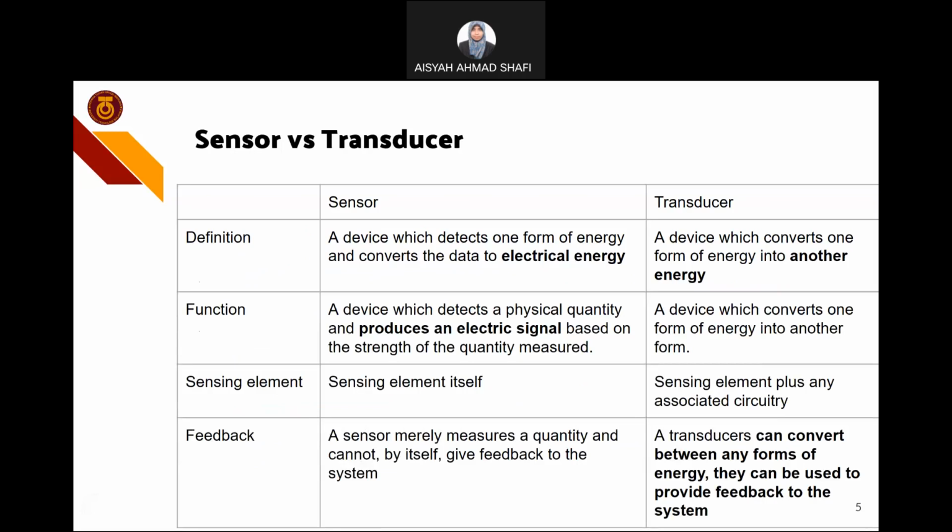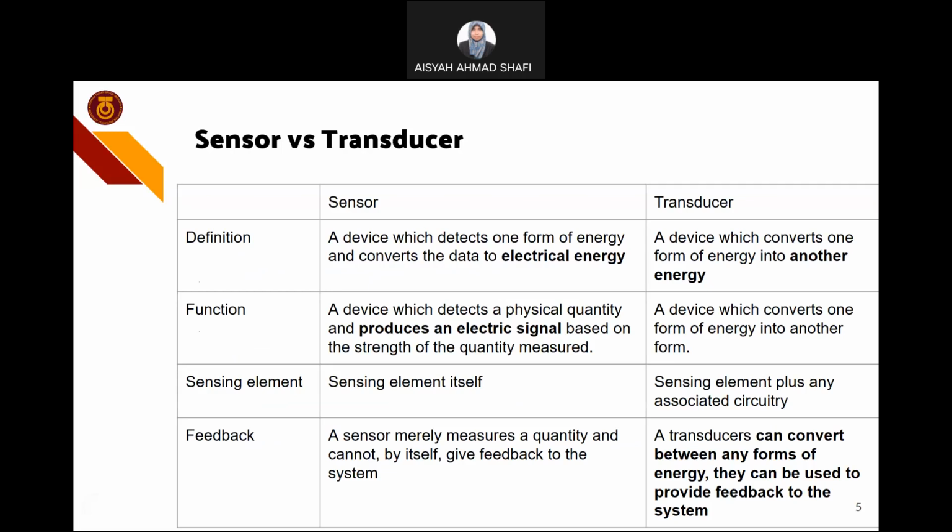They say it is a bigger field. And a sensor produces an electrical signal based on the physical quantity that is detected. But the transducer converts from one form of energy into another form.